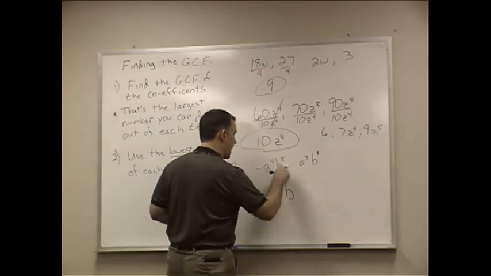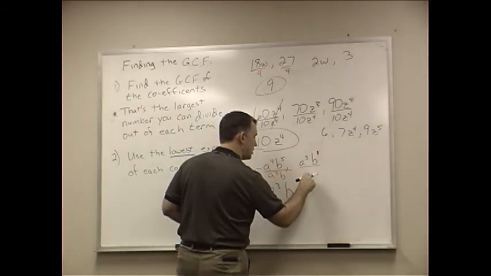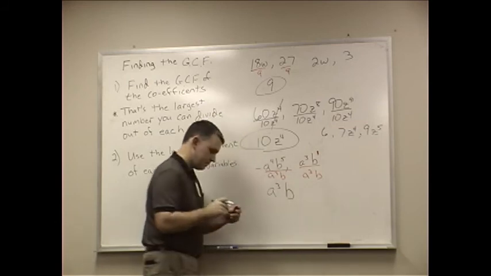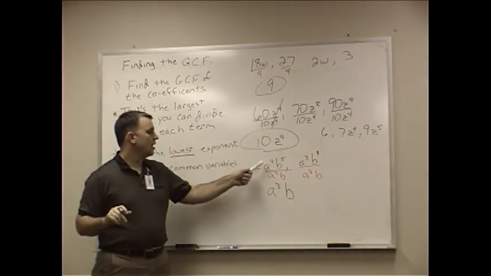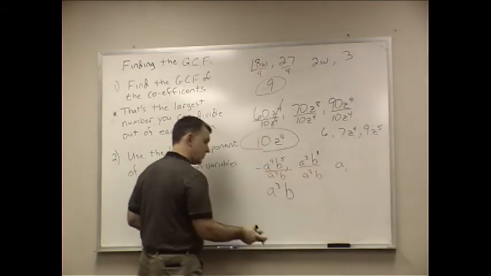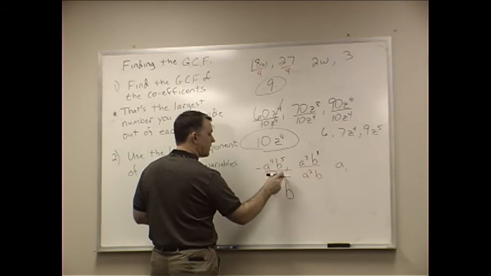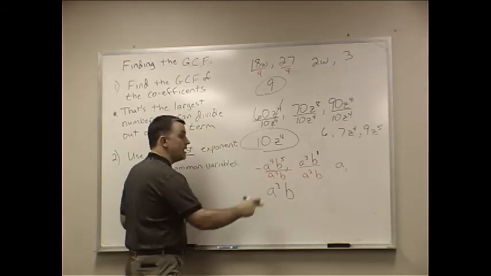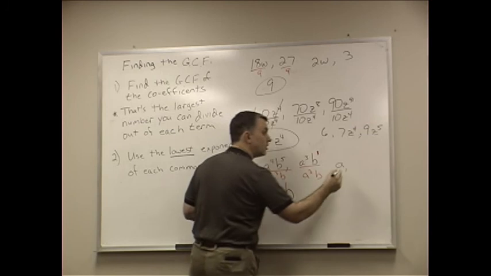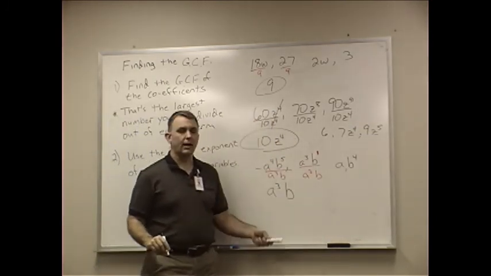If we were to divide both of these by a to the 3rd b, a to the 4th divided by a to the 3rd, that's a. B to the 5th divided by b, now that is b to the 1st, that's going to be b to the 4th, isn't it? Now look at the second one.